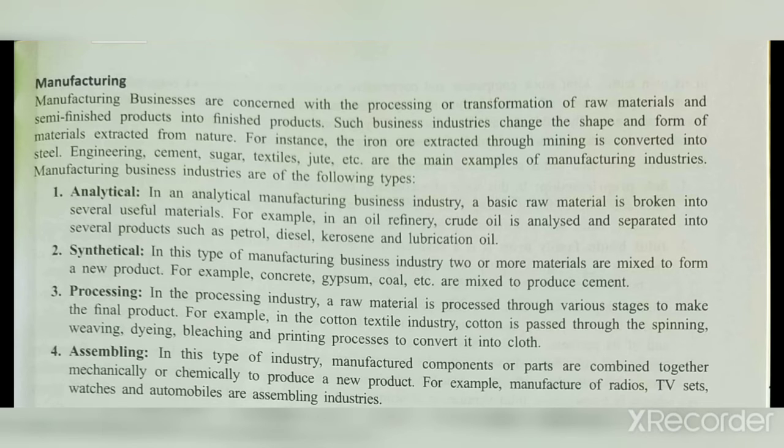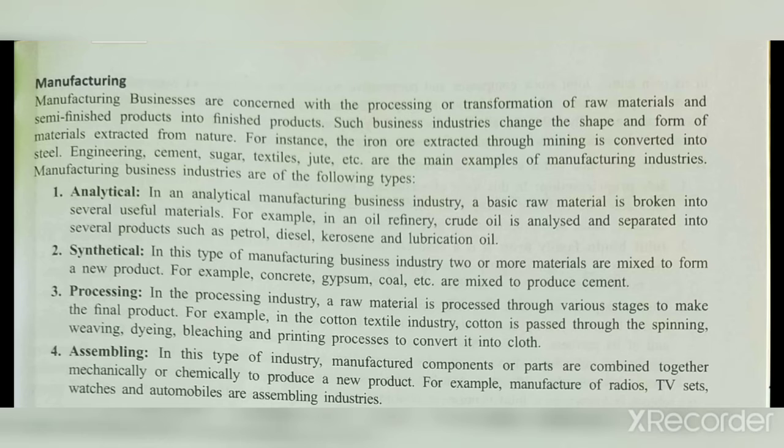For example, he has given that in an oil refinery, crude oil is analyzed and separated into several products such as petrol, diesel, kerosene, and lubrication oil. Right? So here we have only one raw material, but while you are manufacturing, you will get many different useful materials.